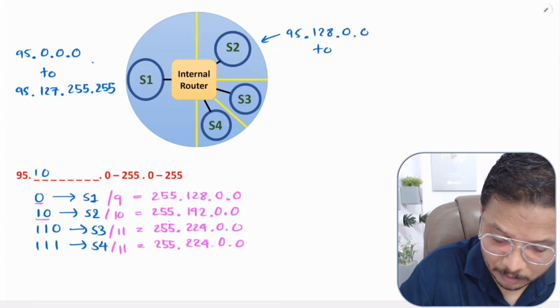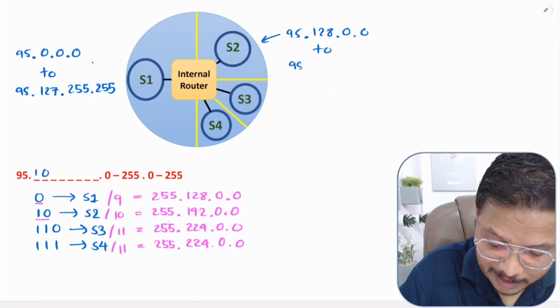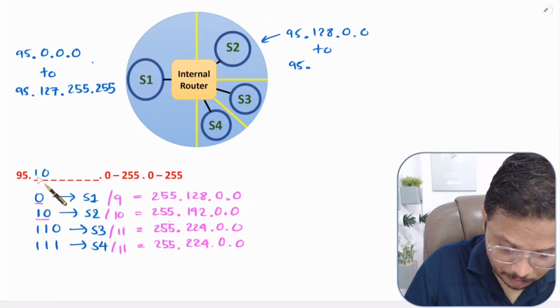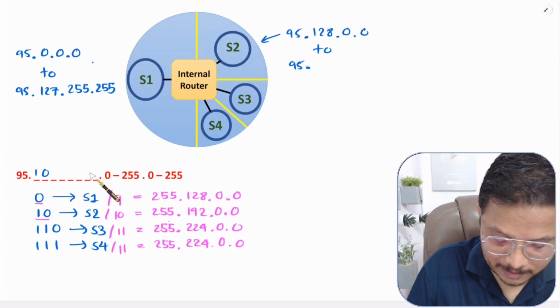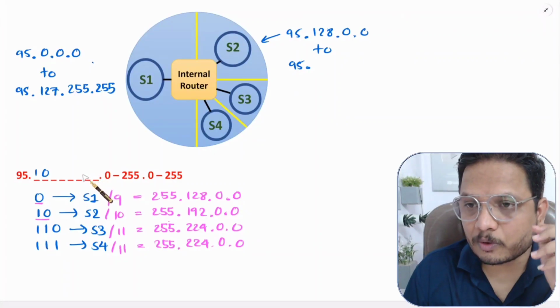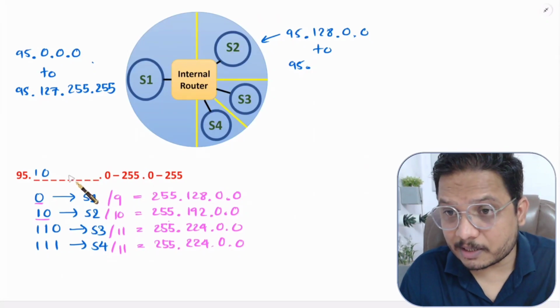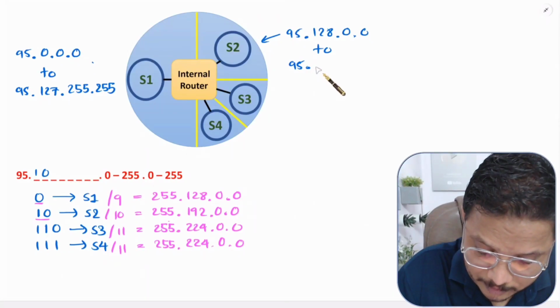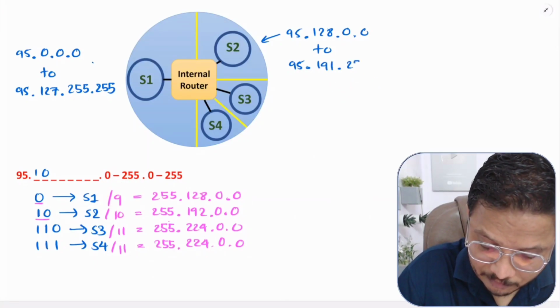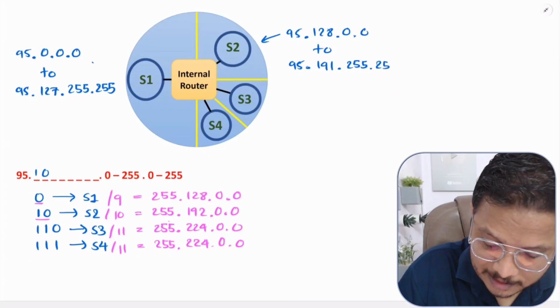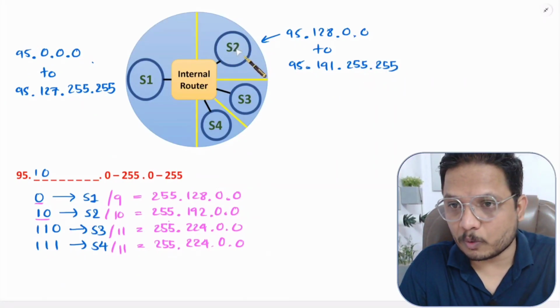And it will range up to the highest, 95 being the network ID, and this 10 followed by all ones. So this 10 explains 128 plus these 6 ones, that will be plus 63. So 128 plus 63, that will be 191. So 191 dot all ones, that will be 255.255. See, this is how the IP range will be for subnetwork 2.